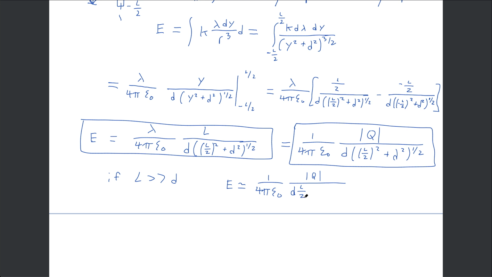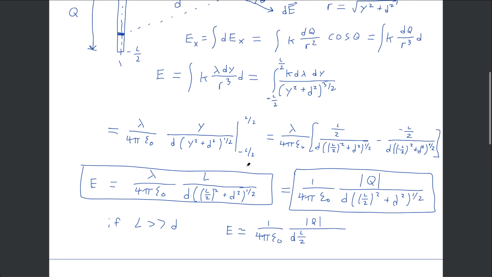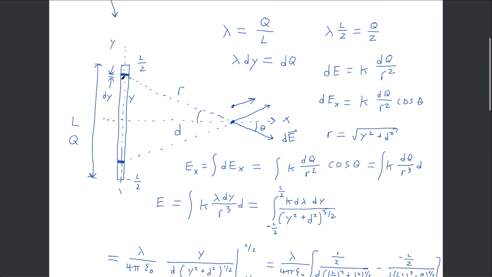But then you might say, well, L is going to infinity. Isn't this going to be 0? Well, remember that if L is going to infinity, so is the charge, because we have a certain charge density. And we haven't said that the charge density is getting thinner, so it's not like we have a rubber band with some charge spread out on it and then we simply stretch the rubber band.